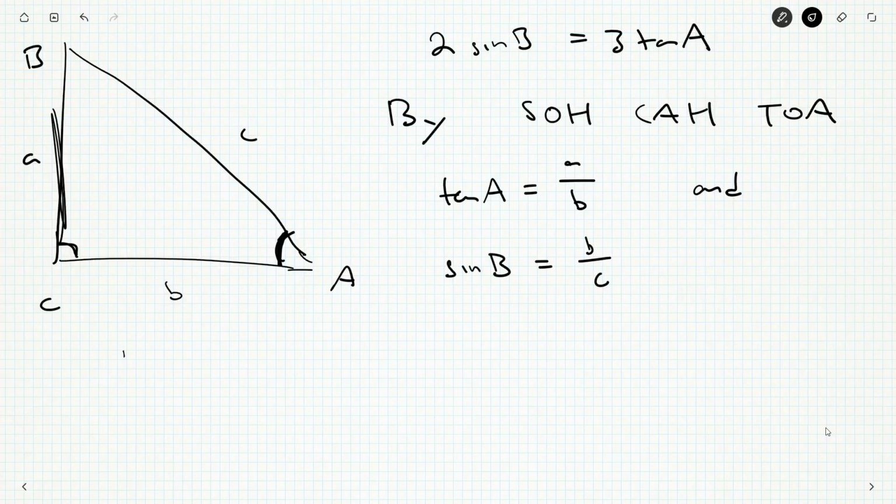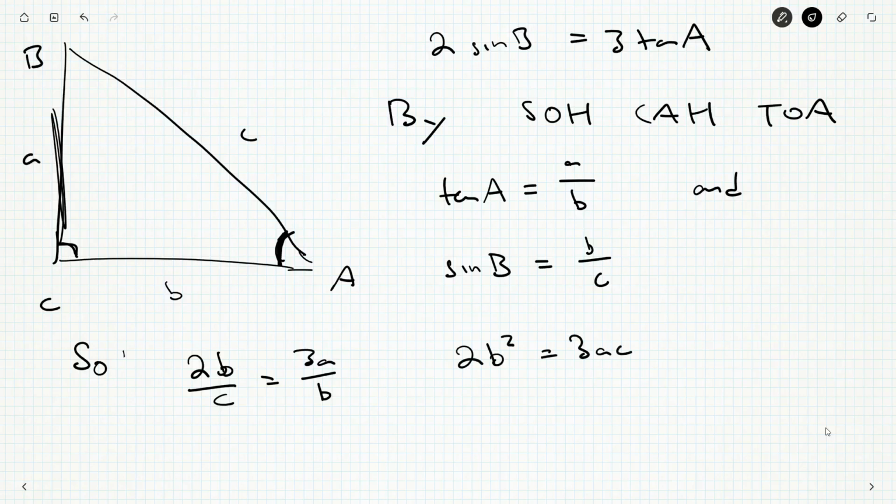Okay, so we are being told 2b over c is 3a over b. What can we do here? Suppose we multiply and say 2b squared is 3ac.